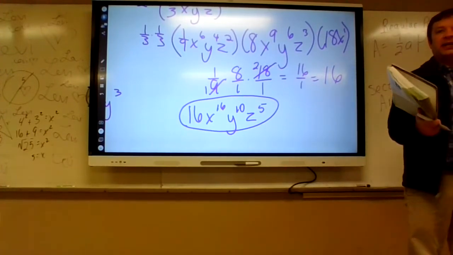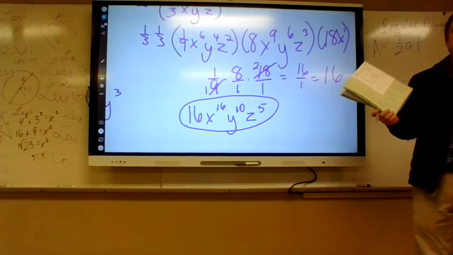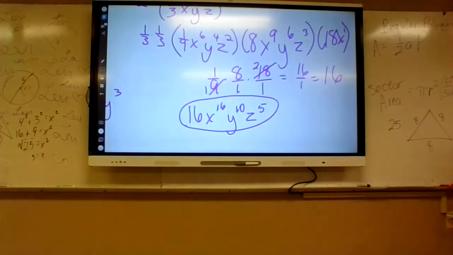Okay, we're adding and subtracting different terms. And you can only add and subtract what? Like terms. So we need to simplify each term, and then we're going to see if any of them are like terms that we can add together.